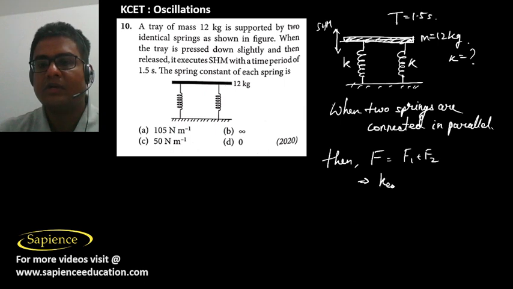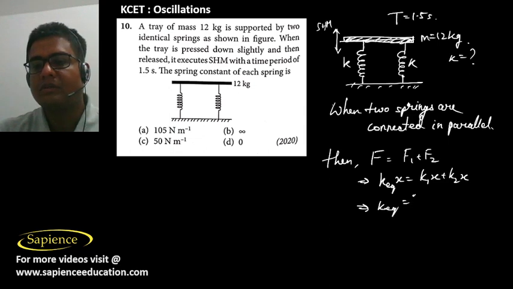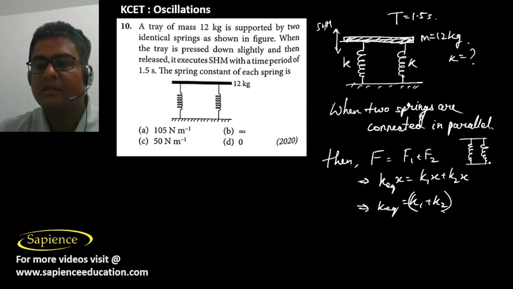It means K equivalent into X will be equal to K1X plus K2X. So K equivalent will be equal to K1 plus K2. When two springs of spring constants K1 and K2 are connected in parallel, their equivalent spring constant is K1 plus K2.